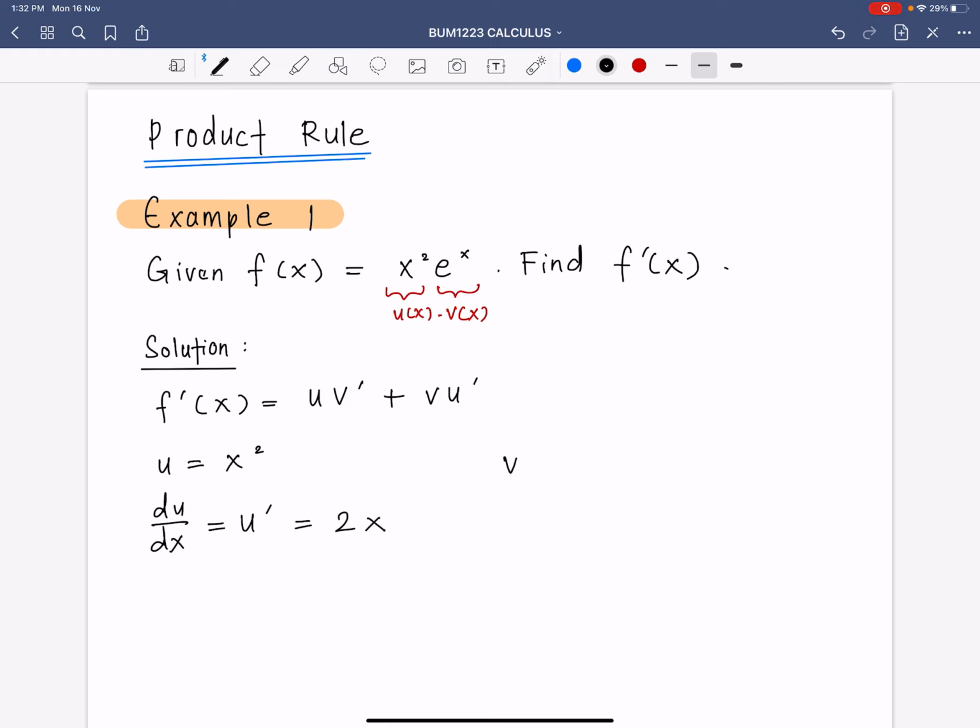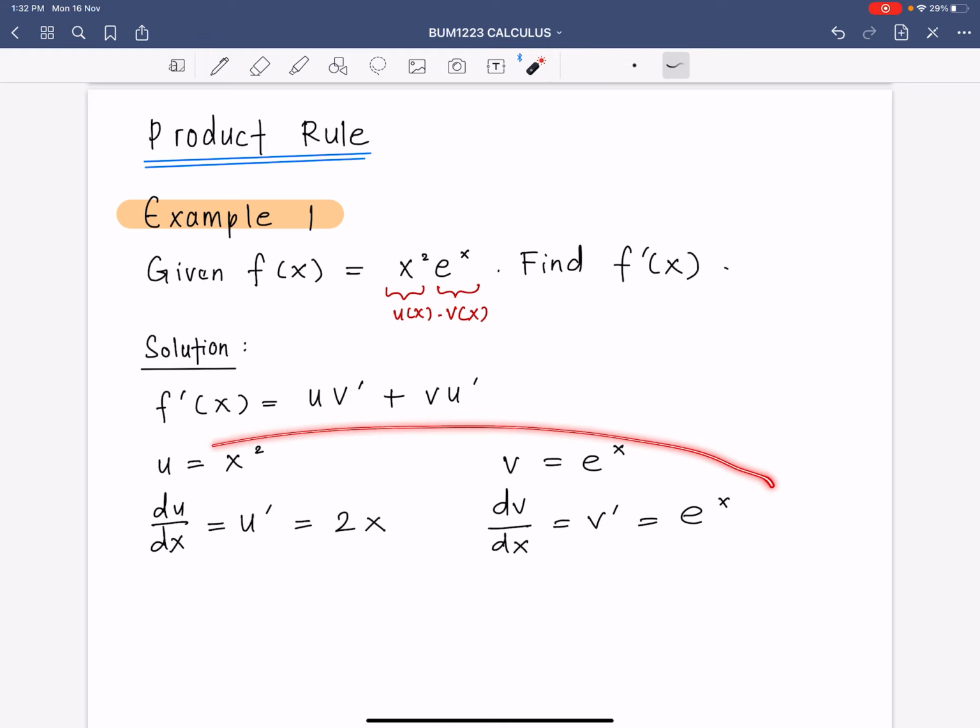Our v equals e to the power of x, thus dv/dx or v' equals e to the power of x.